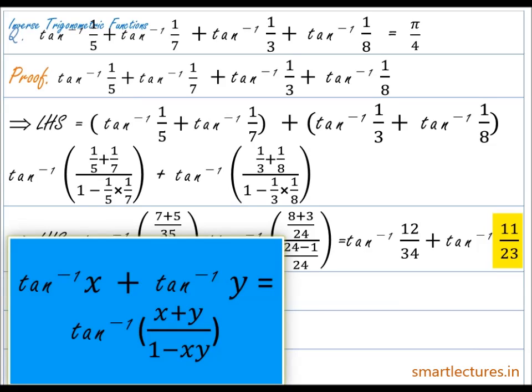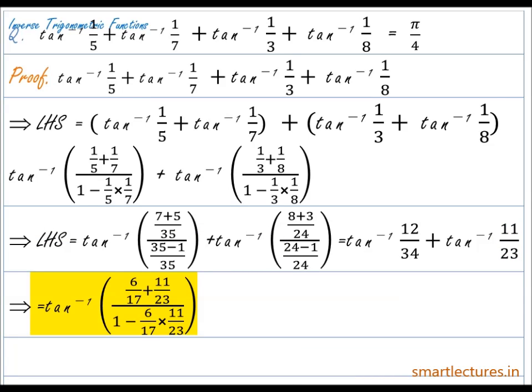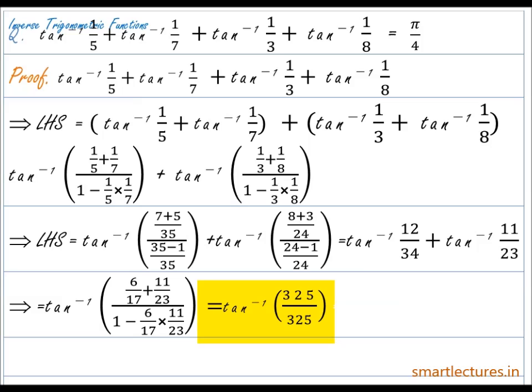So adding these two terms, the left hand side becomes tan inverse of (6/17 plus 11/23) divided by (1 minus 6/17 into 11/23), and which further simplifies to tan inverse 325/325, and which is equal to tan inverse 1.